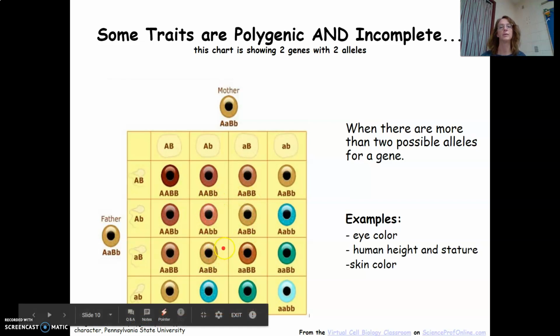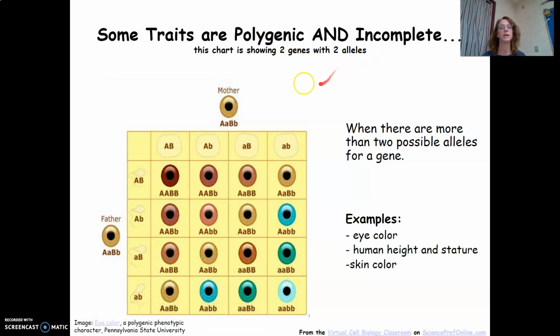An example in humans where we have polygenetics, so lots of genes, and incomplete dominance is eye color, also skin color, and to a point hair color. But there are actually about 16 genes that give you your eye color. And as we get combinations of those dominant traits, or dominant and recessive traits, you get this blending.